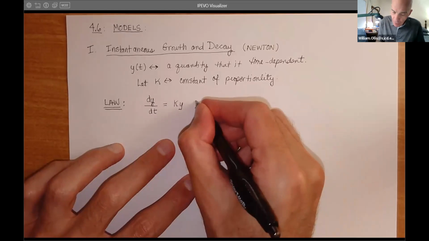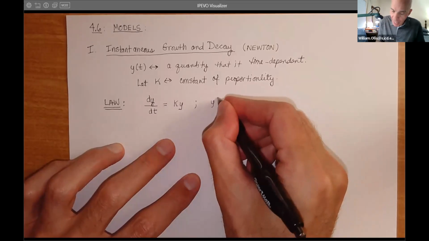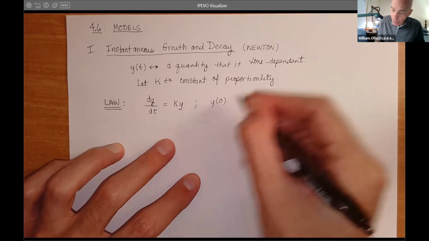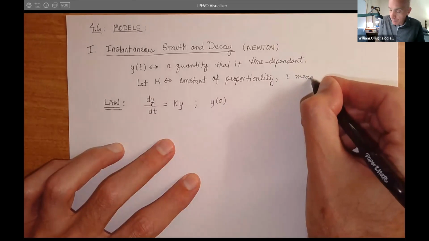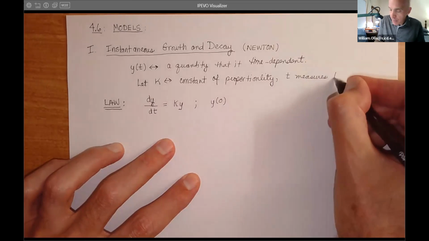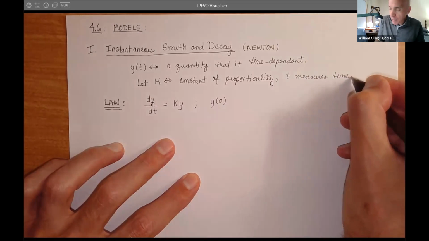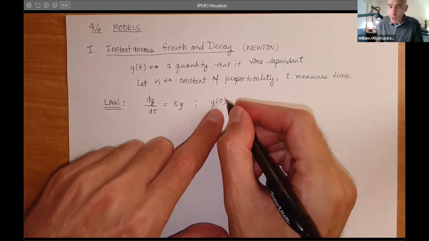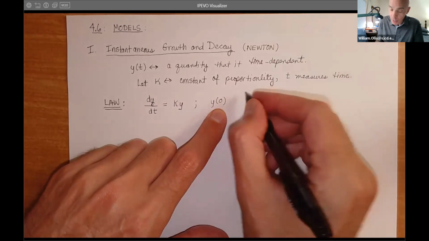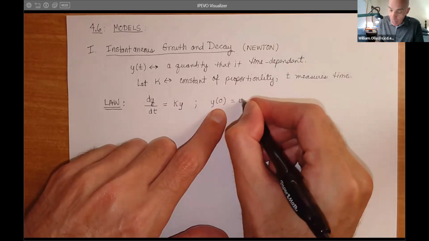And what we say is that when time t equals 0, and I'll just say t measures time. And of course, the time could be in minutes, seconds, years, whatever the problem says. So we're going to say that the initial quantity is y sub 0.